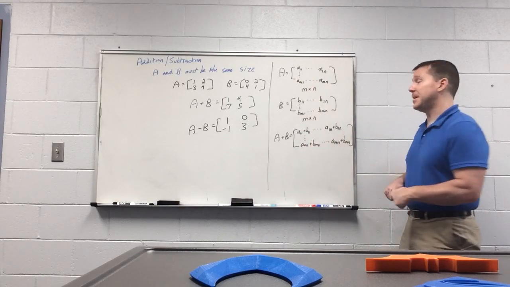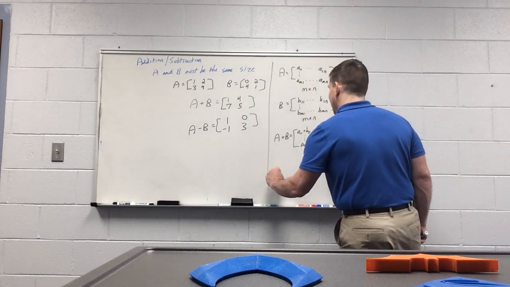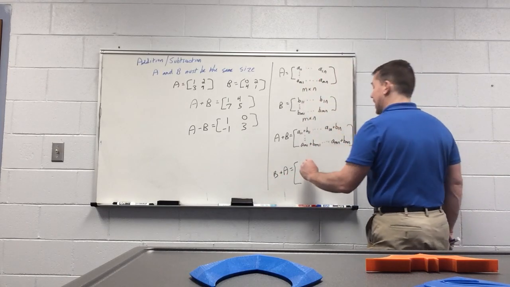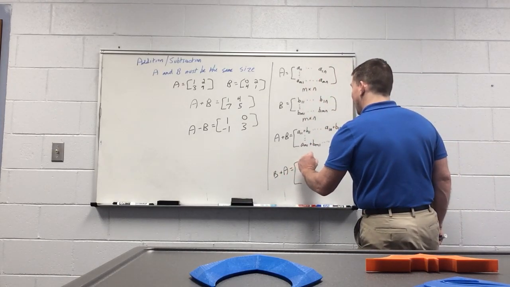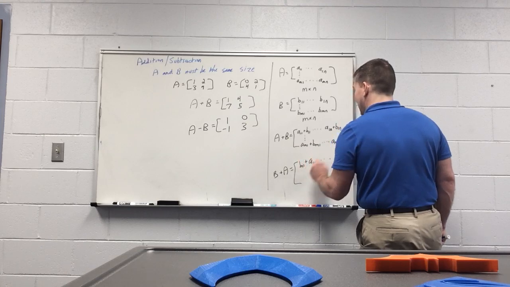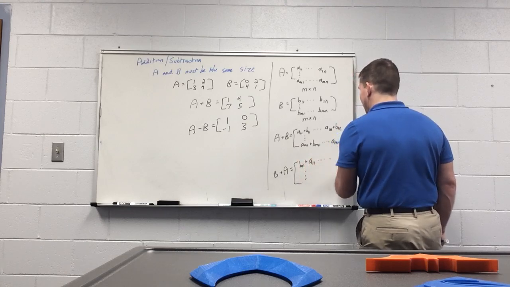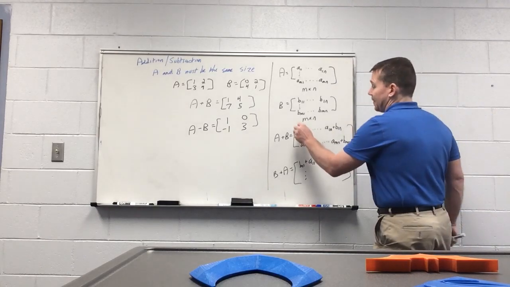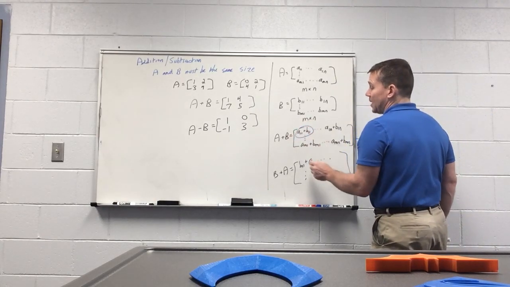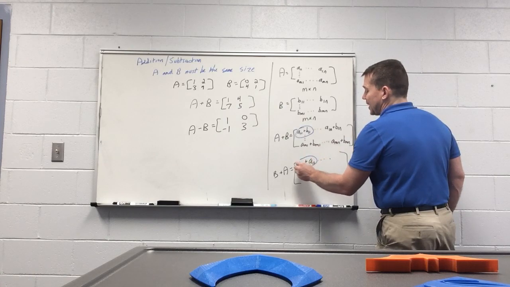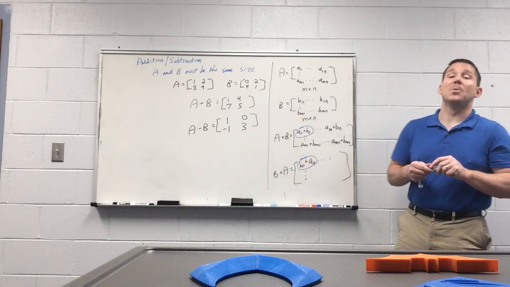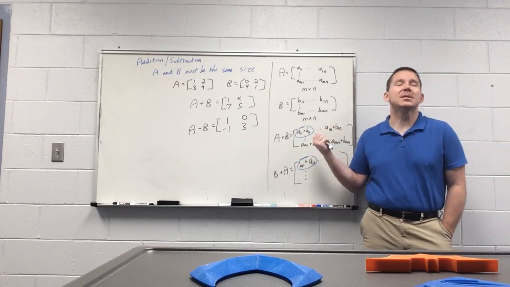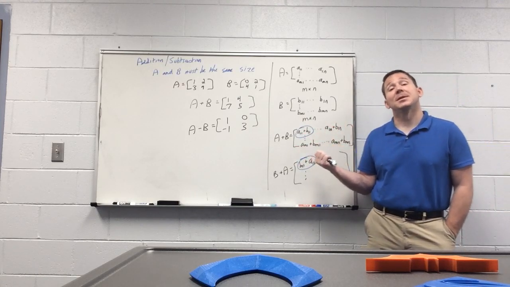If I defined B plus A, I'm only going to do one entry here, that would be B11 plus A11. Because now, the first entry here is A11 plus B11. The first entry here is B11 plus A11. Those are real numbers. Those are the same, because addition is commutative for real numbers.